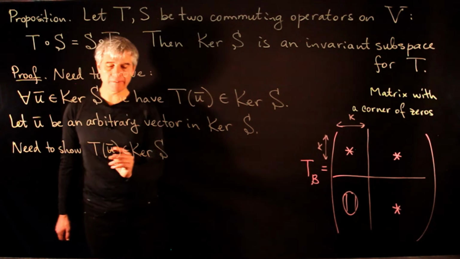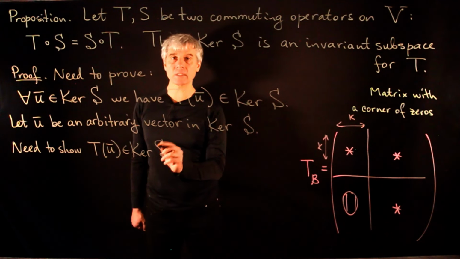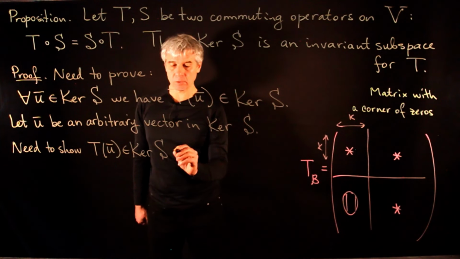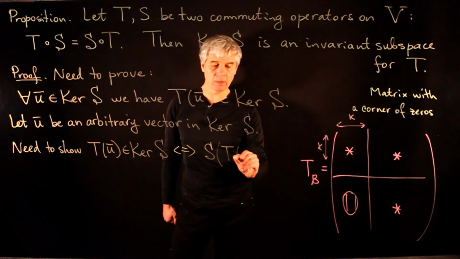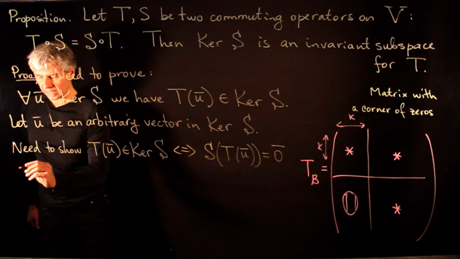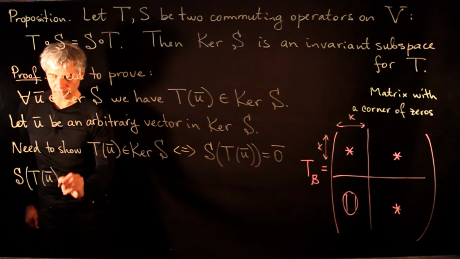But what does it mean that a vector belongs to the kernel of S? By definition, the kernel consists of vectors that are annihilated by the operator S. So this happens if and only if S applied to T of u will produce a 0 vector. So let us calculate S of T of u.